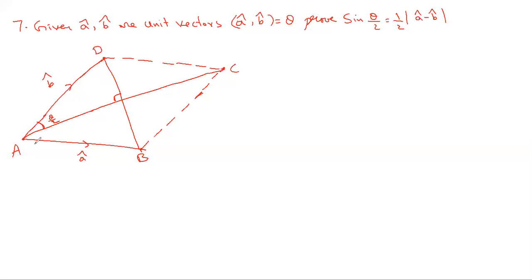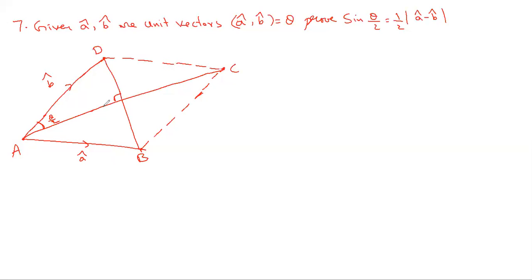Because in a rhombus, not only do diagonals bisect each other, the diagonal also bisects the angle. How? Simple logic. If you take triangles ABC and ADC, AC is a common side, and the other sides are equal, so they are congruent triangles.